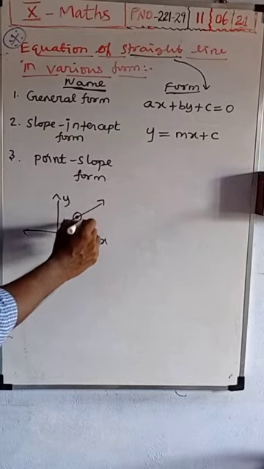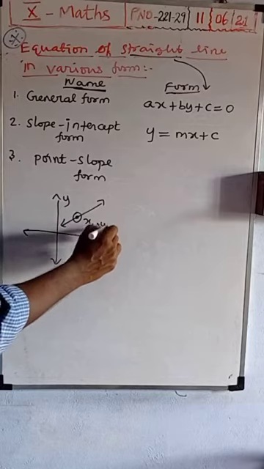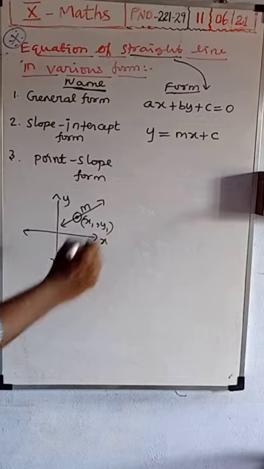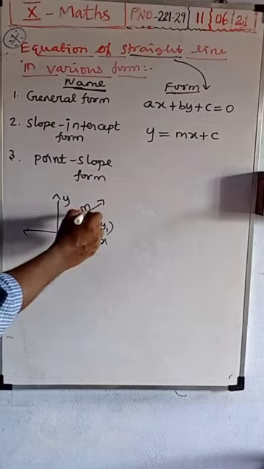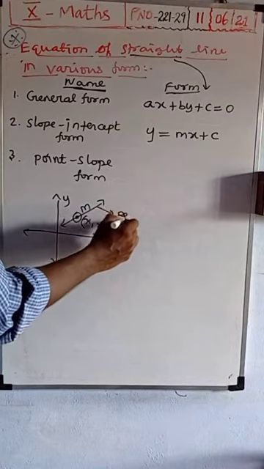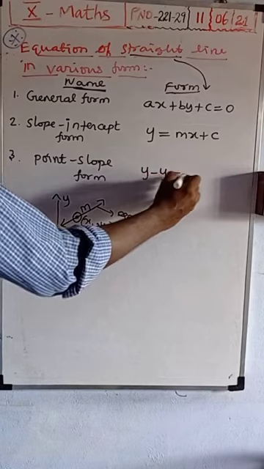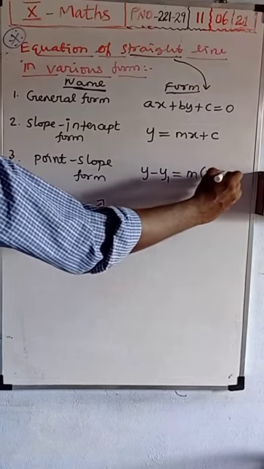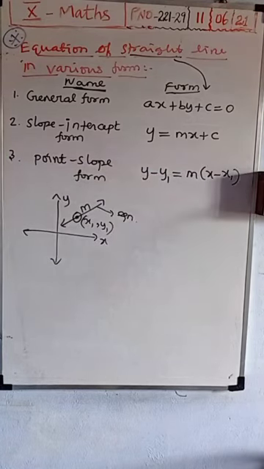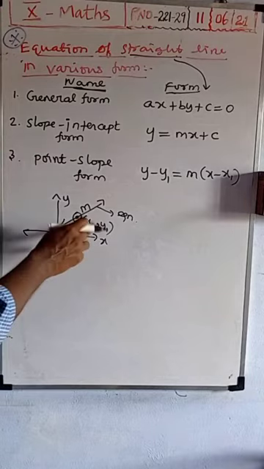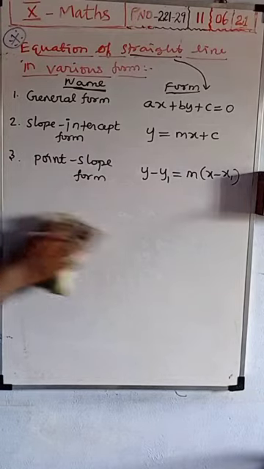Only one point is there, x1 comma y1, and the slope is given. The straight line equation is y minus y1 is equal to m of x minus x1. This is point slope form. One point and one slope given means this is the form.